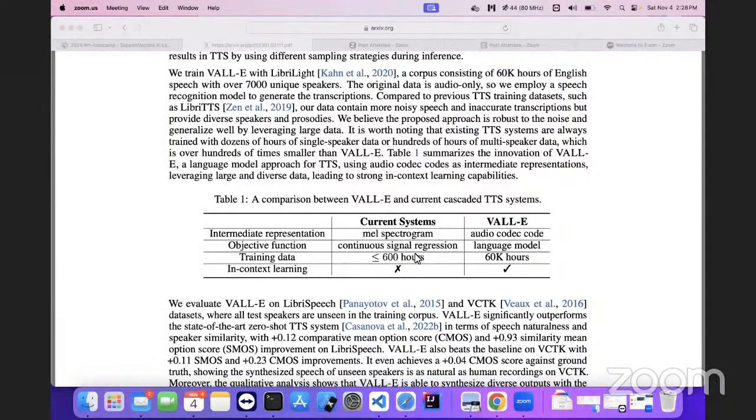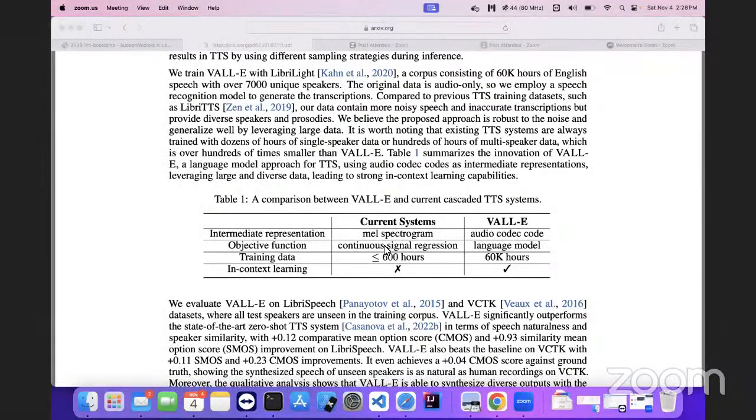What other people have done before, when trying to go from phonemes to an audio waveform, is they have an intermediate representation. And that intermediate representation in most of the previous works was the MEL spectrogram.